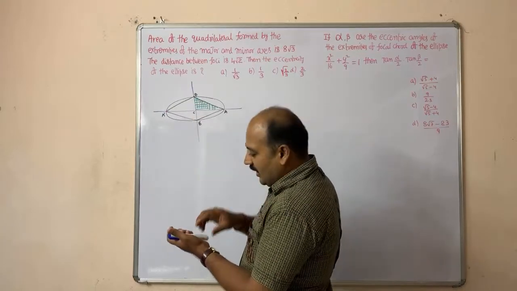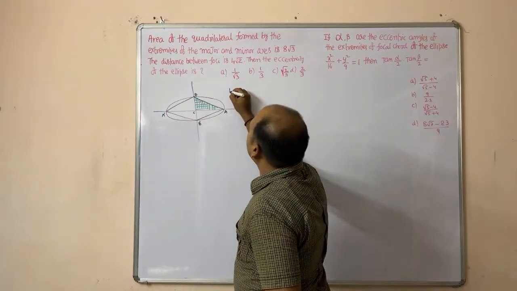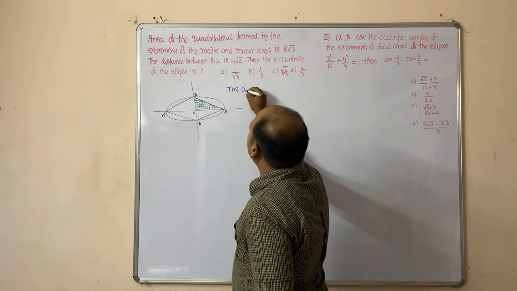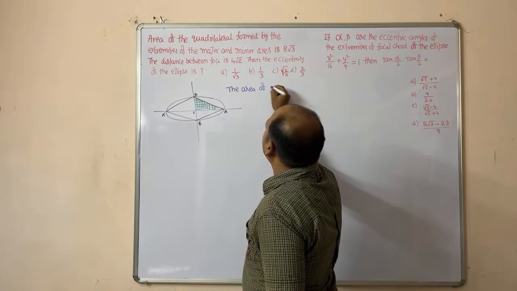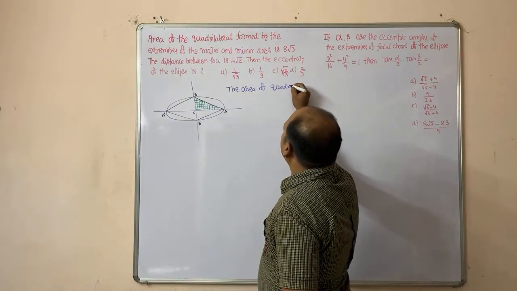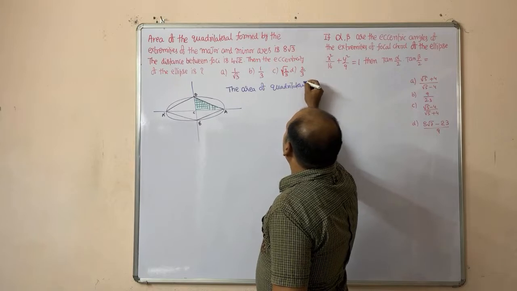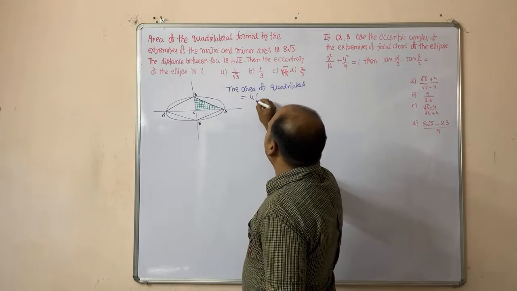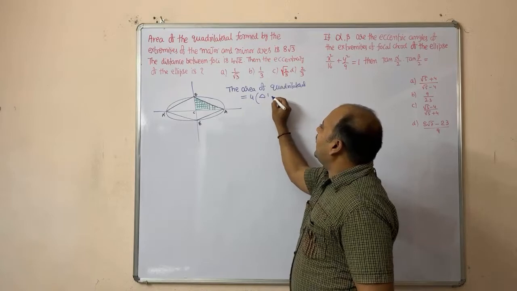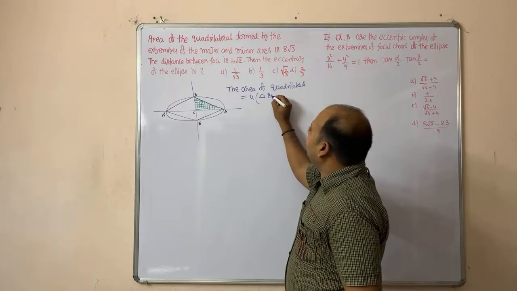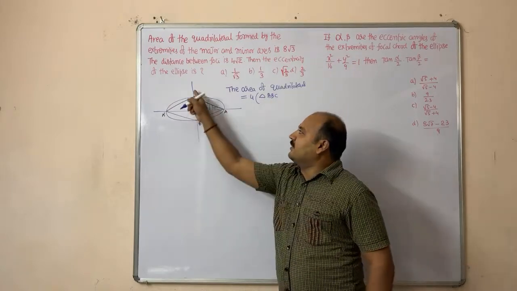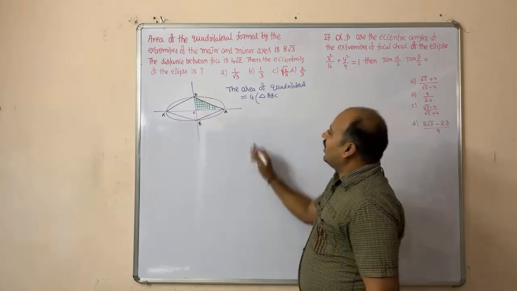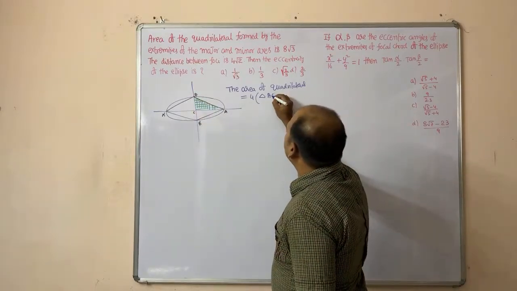See, the area of quadrilateral is equal to 4 times the area of triangle ABC or ACB. According to the figure, we need to write ACB.